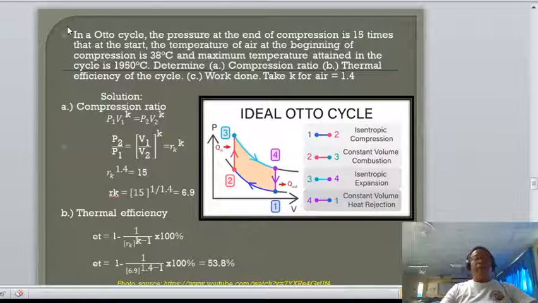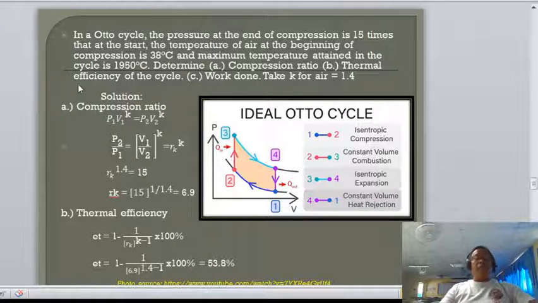Okay, so determine: A, the compression ratio, thermal efficiency of the cycle, and the work done. Let us take the isentropic constant for cold air as 1.4.